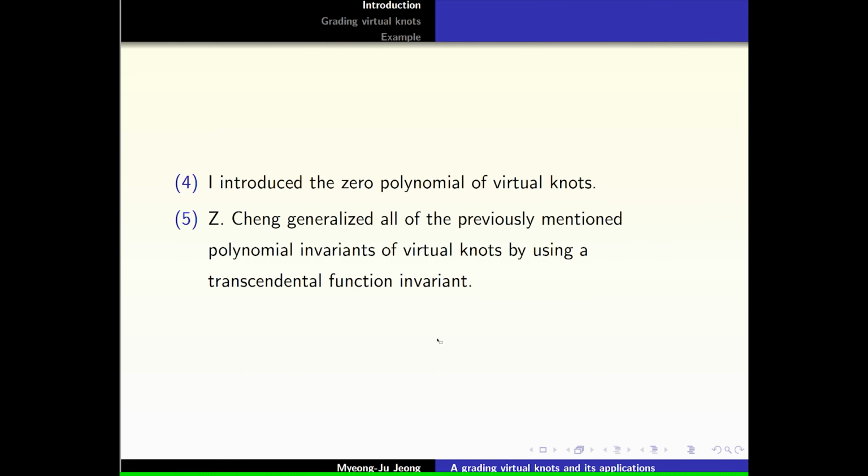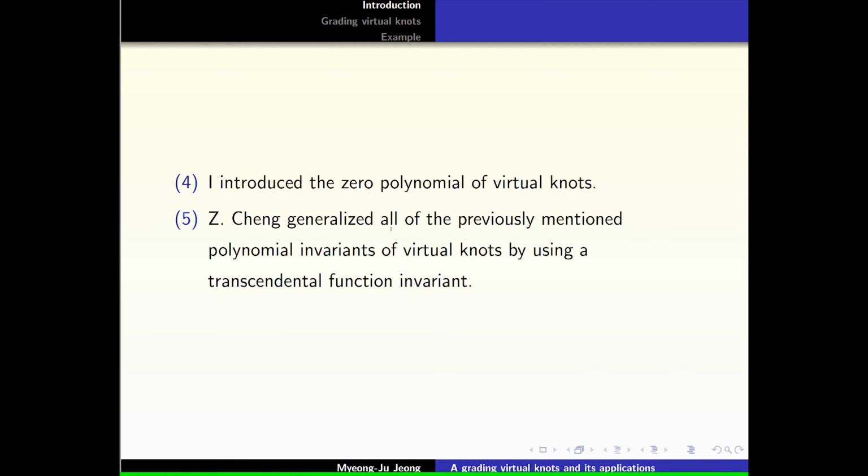But it has some shortcoming: you cannot compare many virtual knots because it is a finite type invariant of degree 1. And so, for example, if two virtual knots are related by a delta move, then they have the same value for the affine index polynomial.